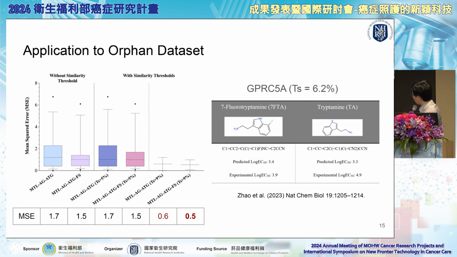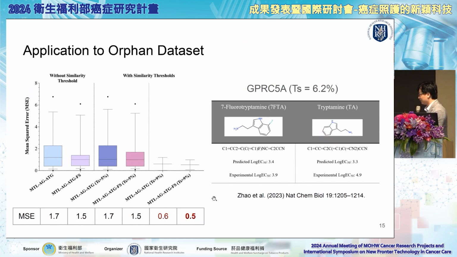Then we applied the prediction model to the Orphan data set, and these are the results. If we apply the original model, we get a higher mean square error, and if we apply the similarity threshold, then we get nearly perfect prediction results.